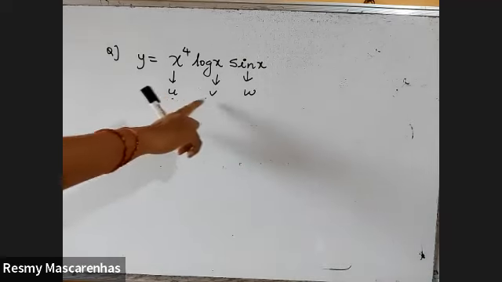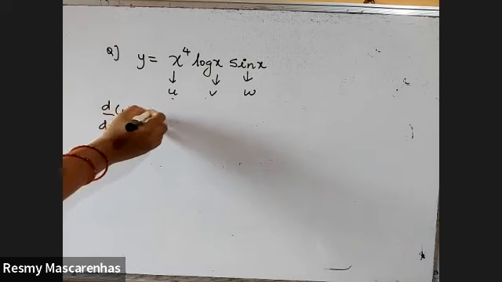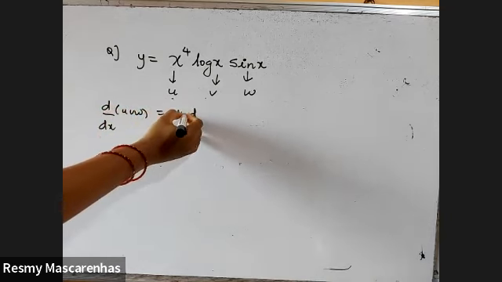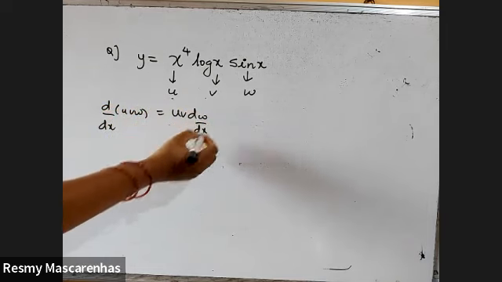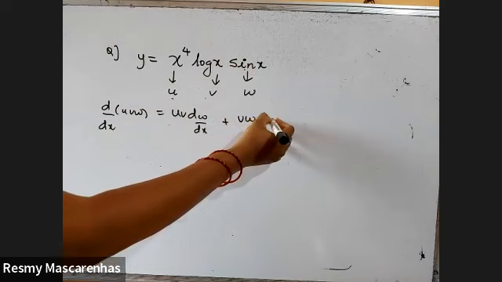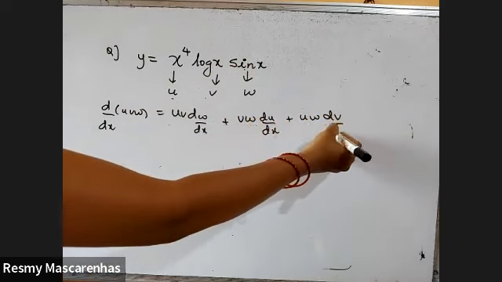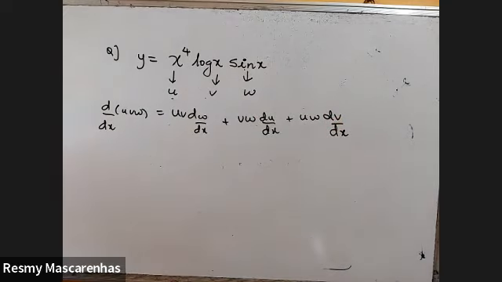So we have to apply the u v w rule. So we know the derivative of u v w: u and v we have to keep out, take the derivative of the third one. Then this and this you can keep out, take derivative of the first one. Then u and w, take derivative of the second.